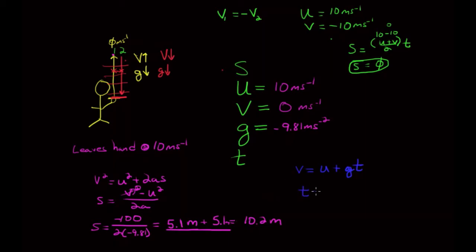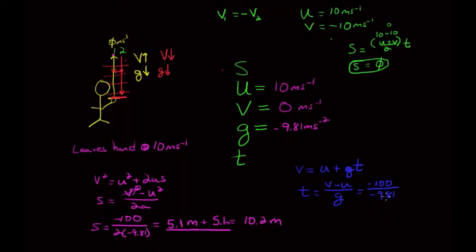All right, so time is going to equal V minus U over G, which is going to be equal to 100, let's see, 10, sorry. Final velocity, no, I'm sorry, 10 minus 100, there we go, divided by minus 9.81.